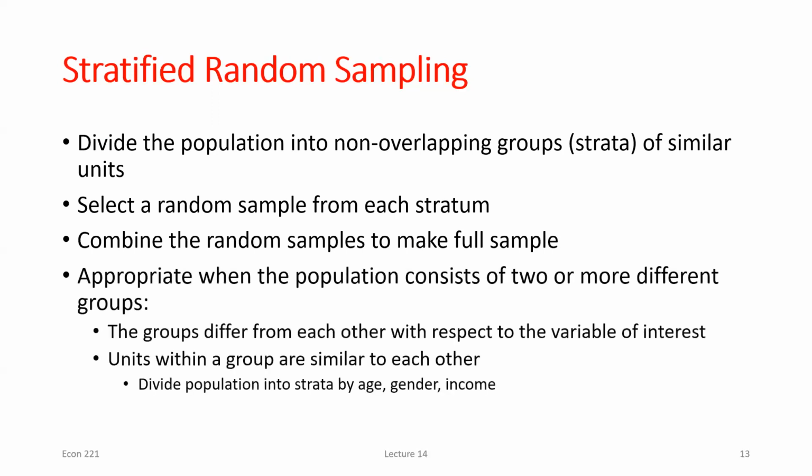So just some other examples that we'll often see. Sometimes we'll break it down by income. I want to make sure my sample has an income distribution that looks pretty similar to the US. This usually matters more with small samples.